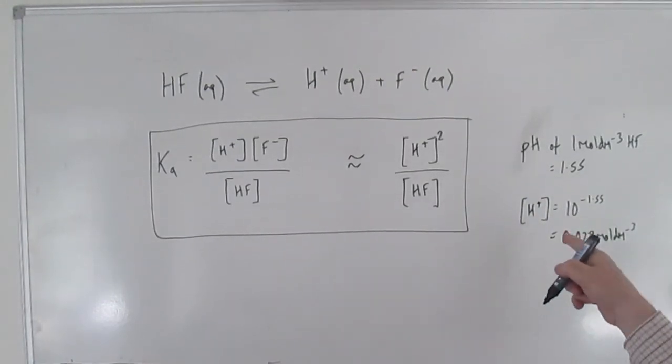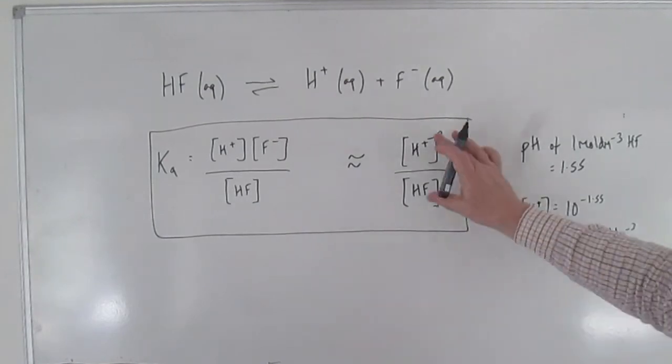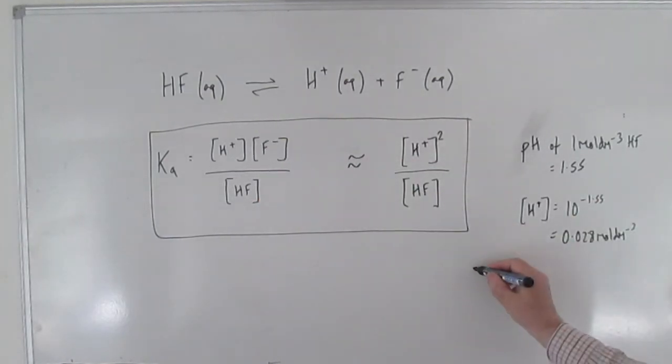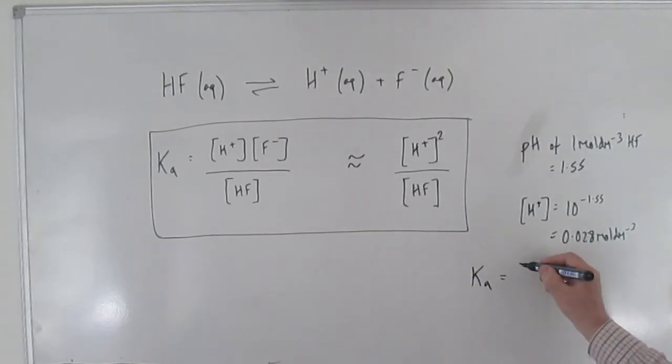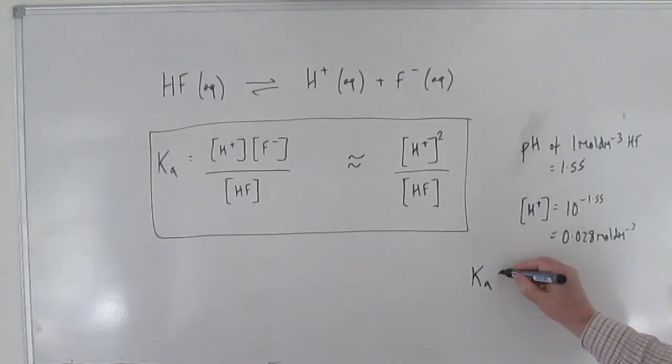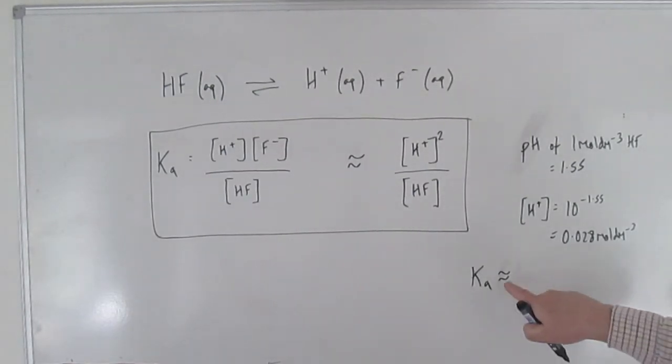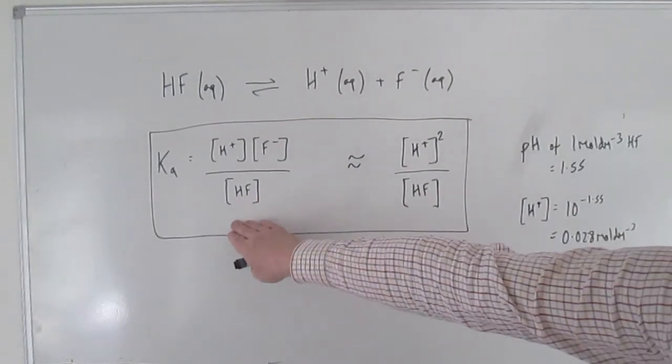And so we can then just use that and plug it into this expression to figure out Ka. So Ka is approximately equal to, and I think it's worth just writing that just to keep reminding yourself that this is not the definition of Ka, that's the definition.